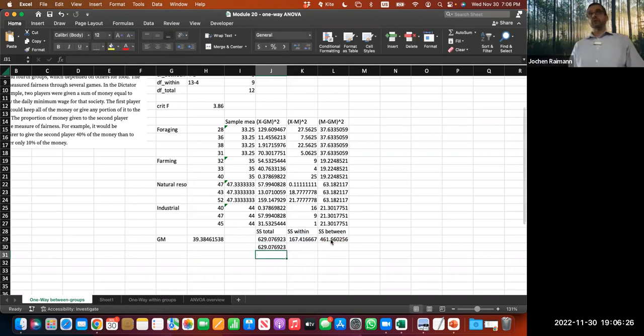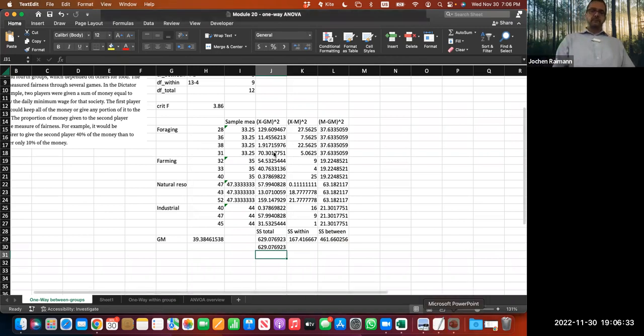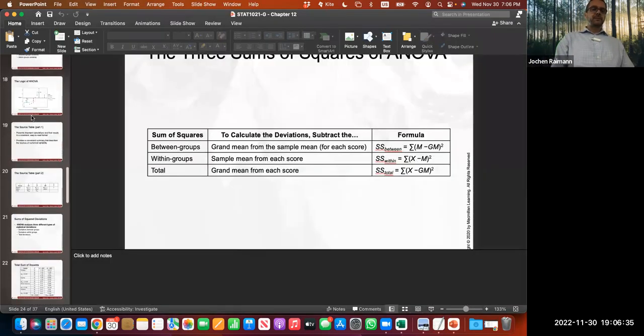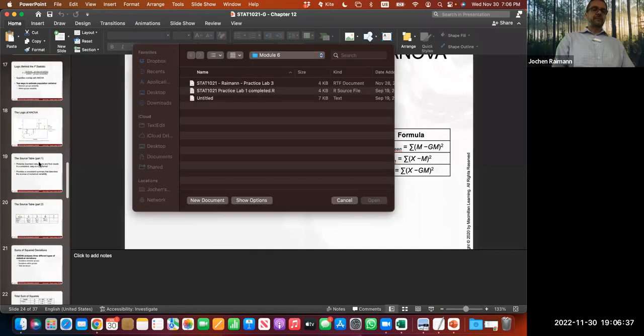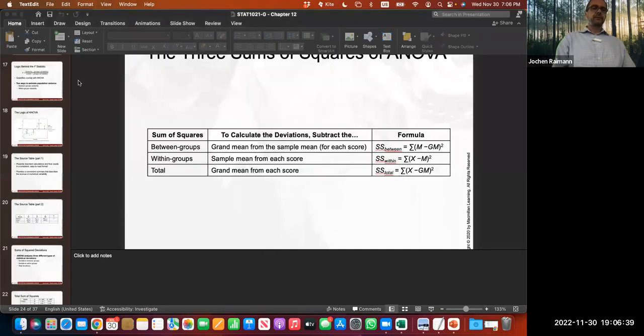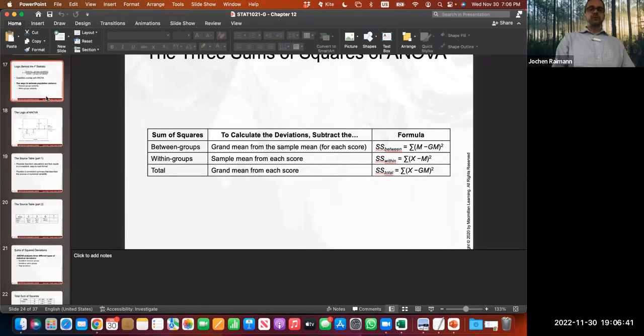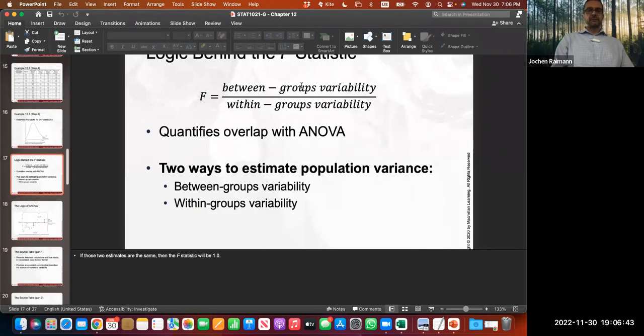This will be important for you to know for the homework, because that's going to be part of it. In the end, you want to calculate your F, which is the between groups variability divided by the within groups variability.